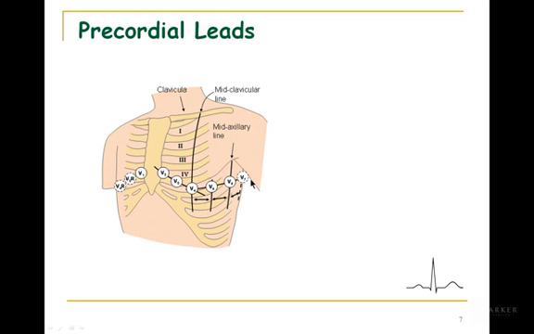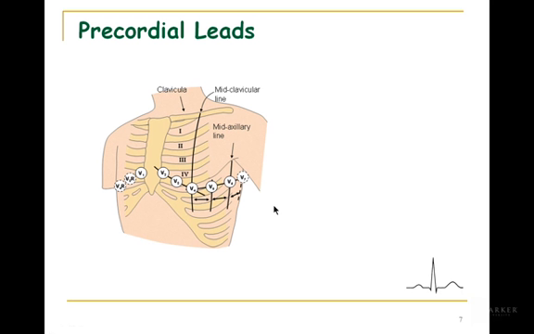You'll see the changes associated with what's going on in the right ventricle in these ones and may not see it over here. If you want to look at what's going on in the apex or septum, V3 and V4 are placed over that area of the heart. So these will be very good to evaluate changes or something going on within the apex or septum of the heart. V5 and V6 are the best to look at what's going on within the left ventricle. So these are going to be very good specifically for localization.